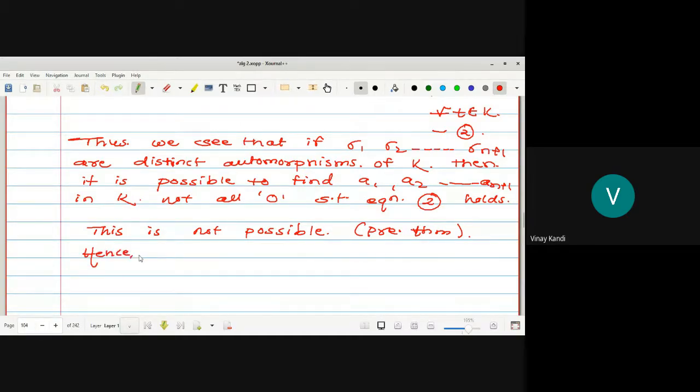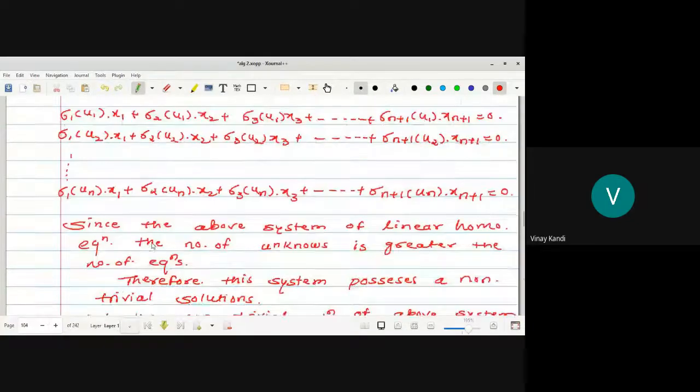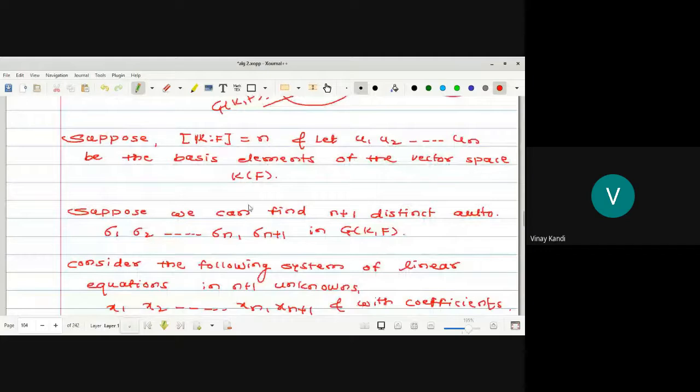What is our assumption? Suppose we can find n plus 1 distinct automorphisms sigma 1, sigma 2, up to sigma n and sigma n plus 1 in G(K/F).